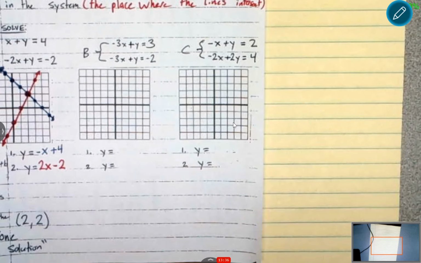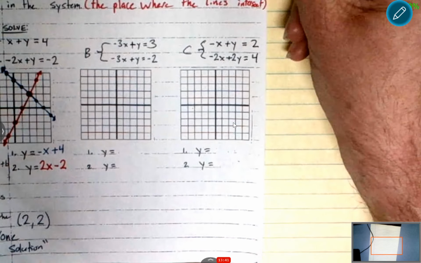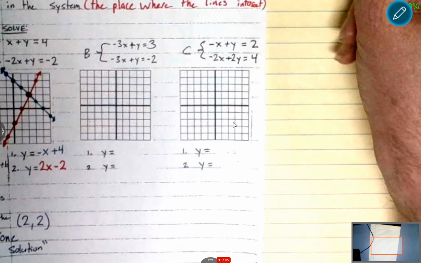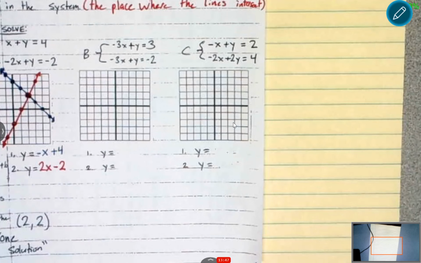So this one again, we're going to have to rewrite in slope-intercept form. Raise your hand if you can tell me the first step to getting this into slope-intercept form. I'm going to go with Elias. We're going to add 3x on both sides.